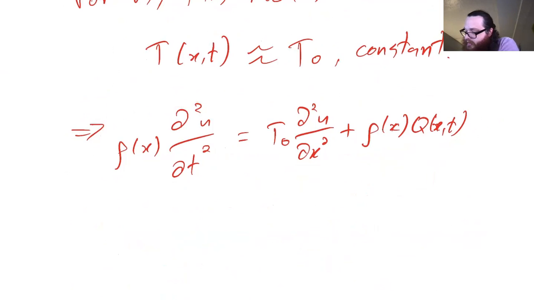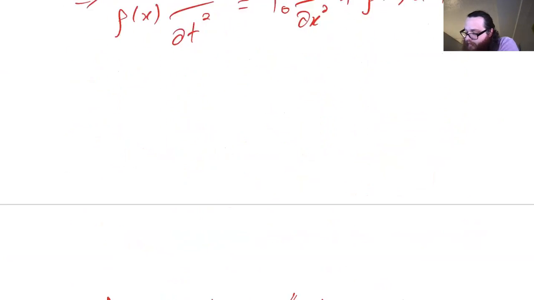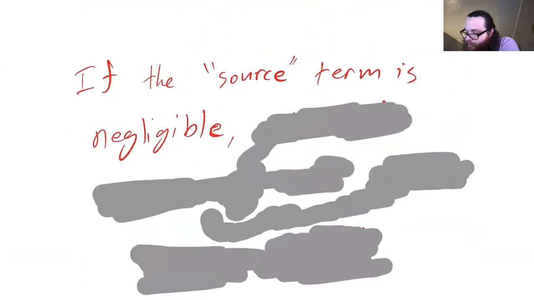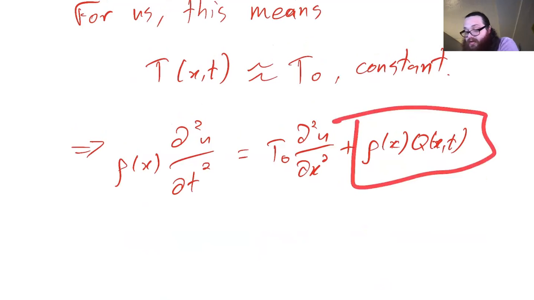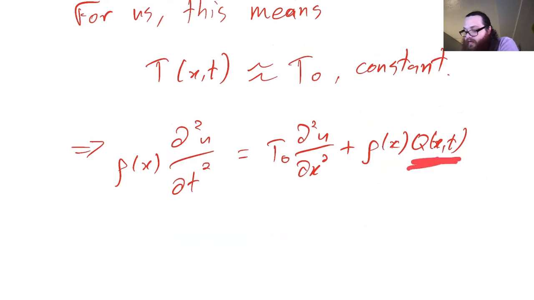Okay, so the final thing is, let's talk about this term right here. In what situations can we assume that this is 0, this q of x,t? I mean, sure, we can set the function to be 0, but when physically does that make sense?